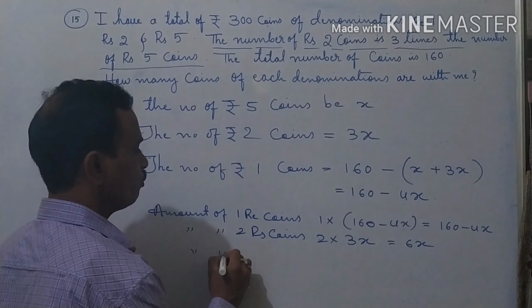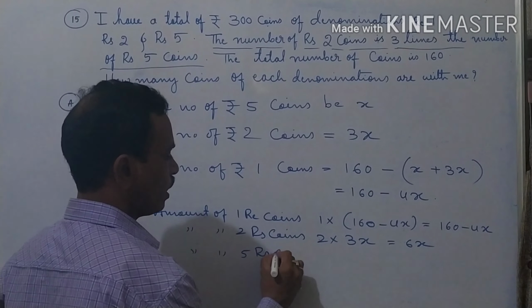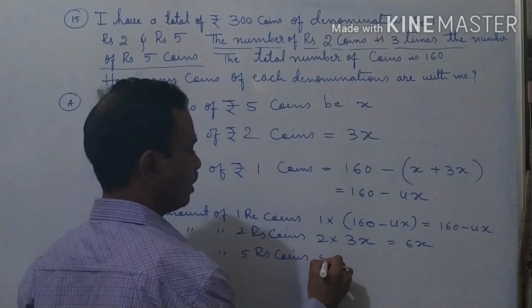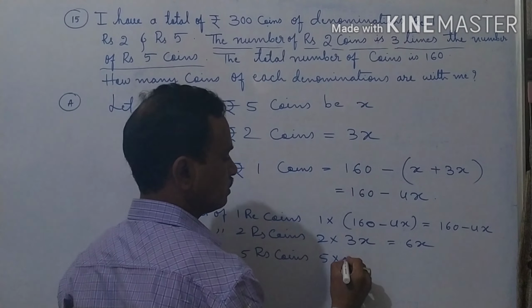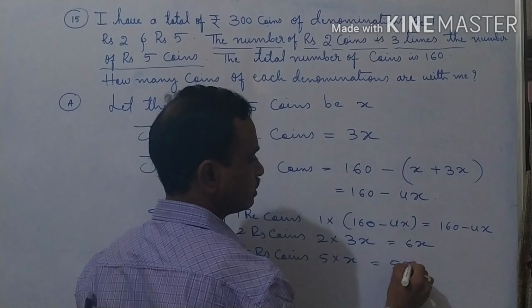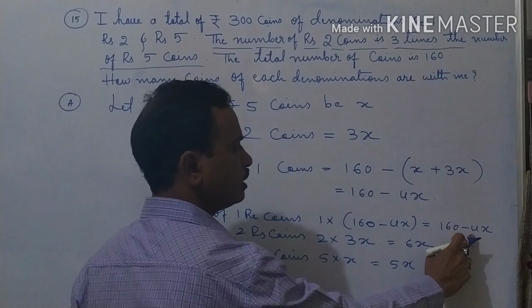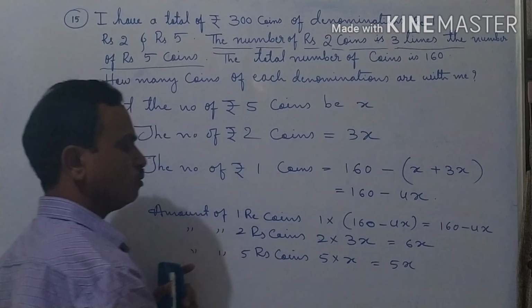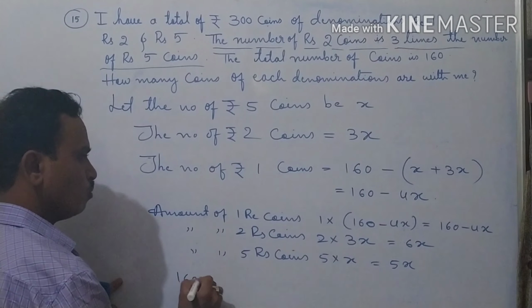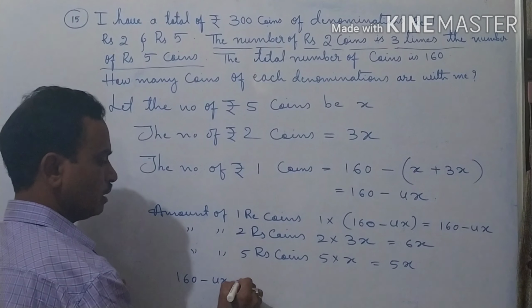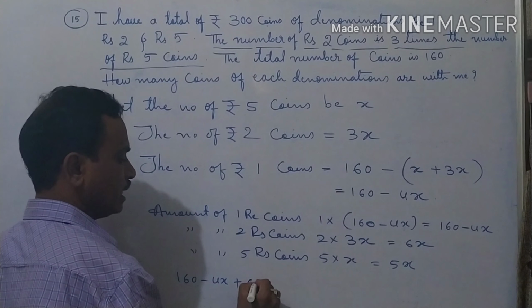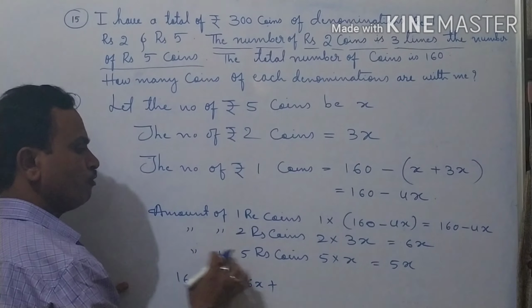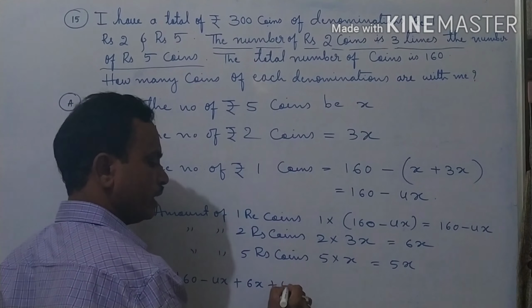Then the amount of 5 rupees coins: 5 into x, this is equal to 5x. Now the amount of 1 rupee coins is 160 minus 4x, plus the amount of 2 rupees coins, 6x, plus the amount of 5 rupees coins, 5x.